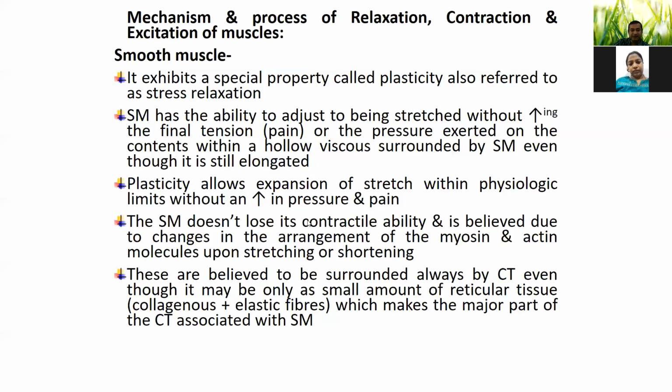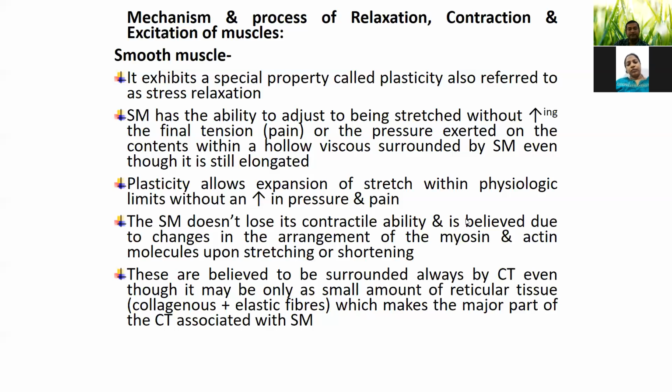This connective tissue is also made up of reticular tissue. I mean to say, it has collagenous plus elastic fibers, which combined make the connective tissue associated with smooth muscle.